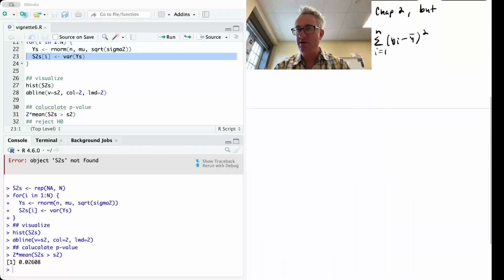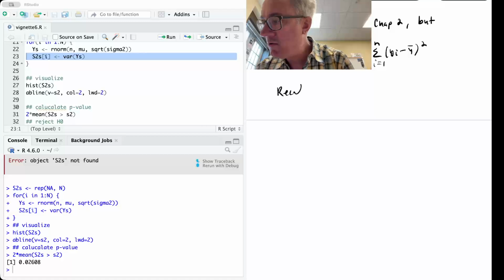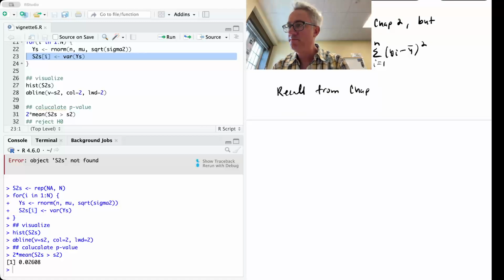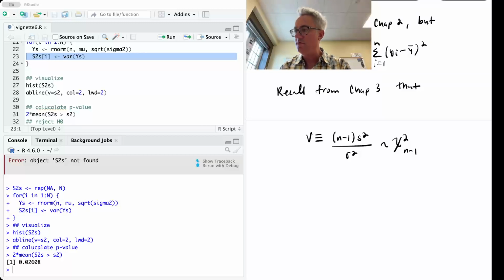Okay, so I'll get myself some space here. Recall from chapter 3 that a different thing that we called V, which is n minus 1 times s squared over sigma squared, has a chi-squared distribution with n minus 1 degrees of freedom.